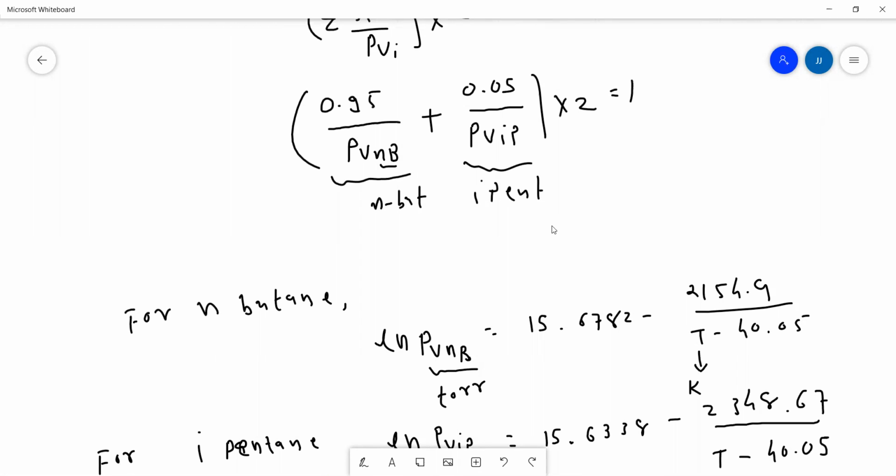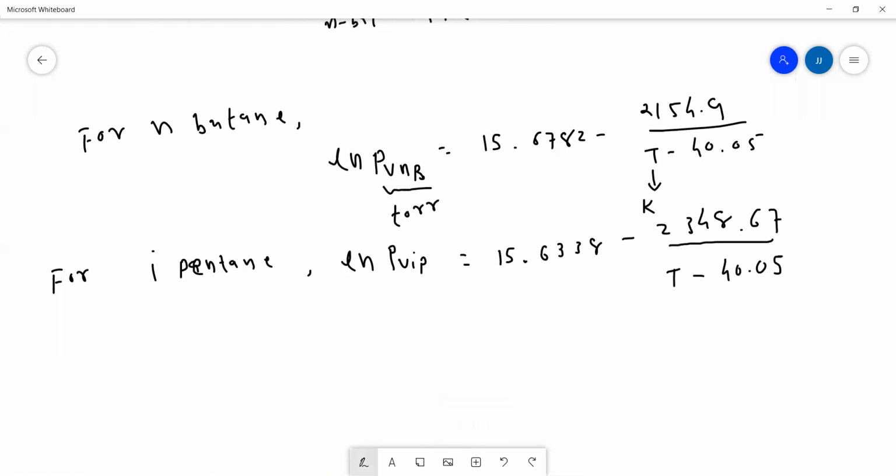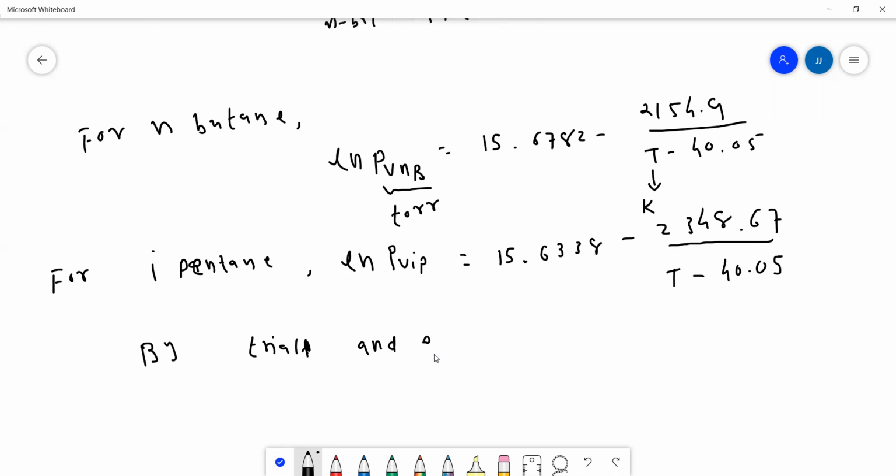So I am writing by trial and error method.